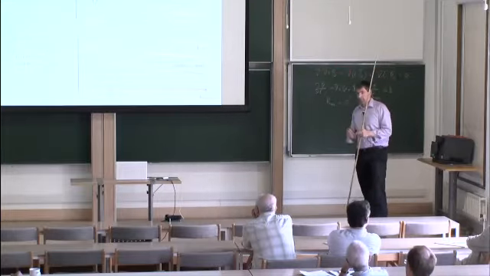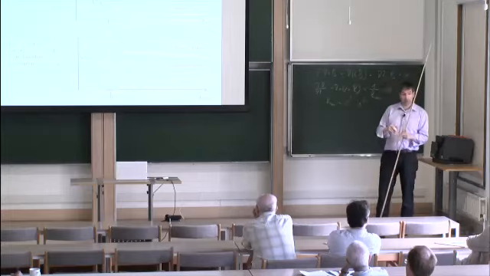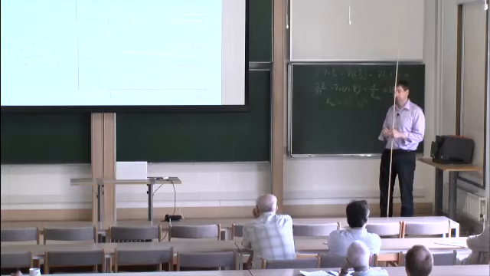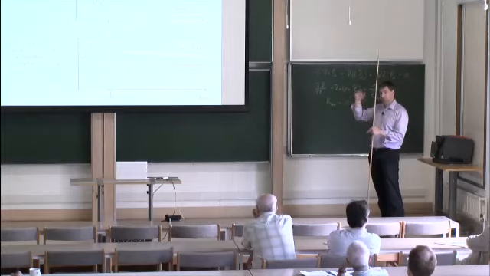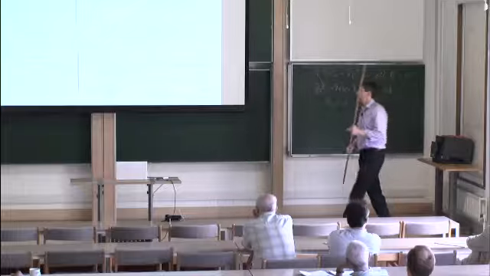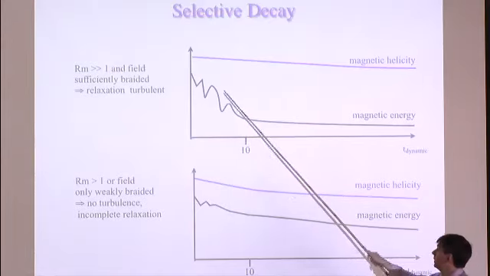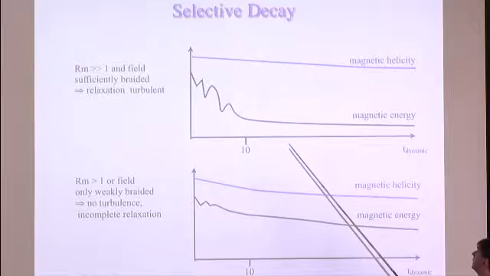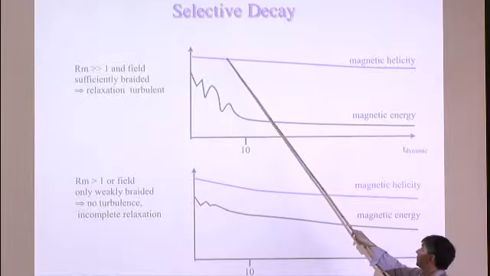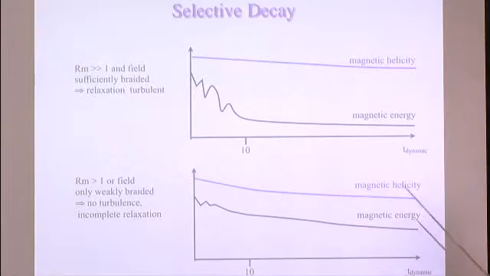And in a magnetic system, that would be an Alfvén wave, for instance, which travels from the lower boundary to the upper boundary. And you need just a few of these crossing times for the system to relax. And during this time, the magnetic helicity changes only very, very little.